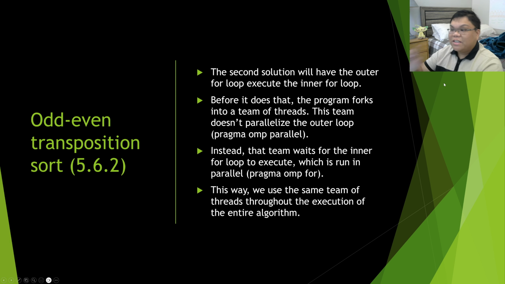So that's one consideration. What if I have nested for loops? The solution is to parallelize the for loops that have no loop-carried dependencies. You might have situations where there are no loop-carried dependencies in any of your nested for loops.